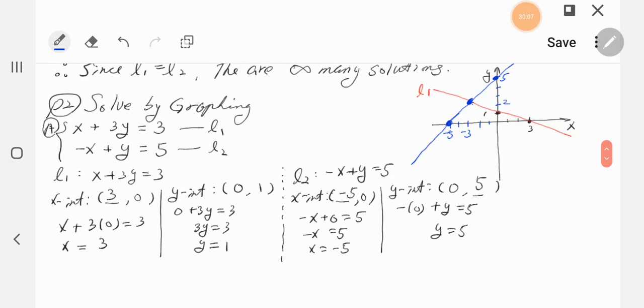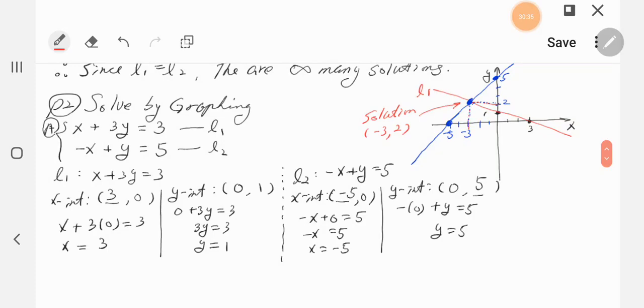It looks like negative 3 and 2, right? Yes. So it looks like this is the solution, right? Then the coordinate is x is negative 3, y is 2.